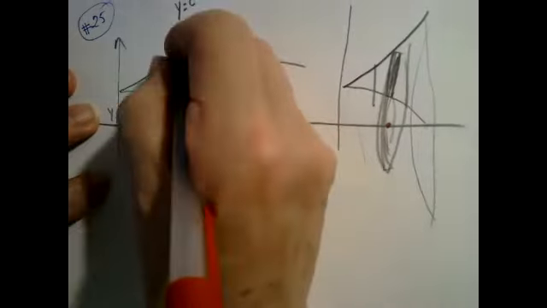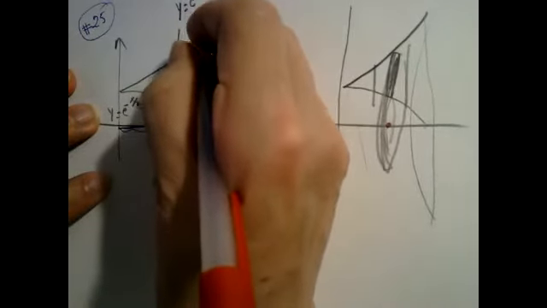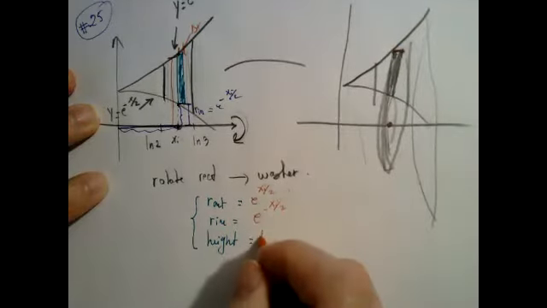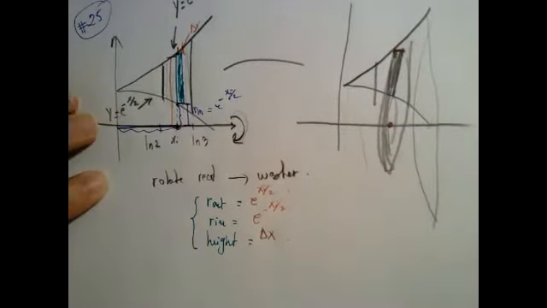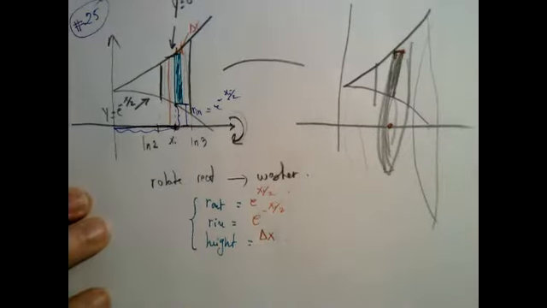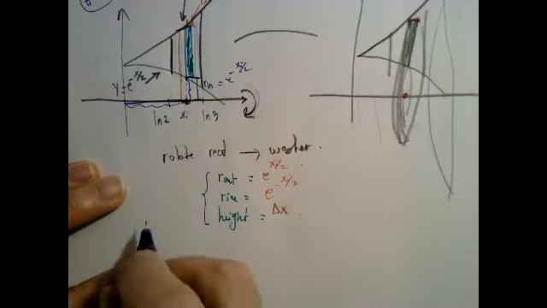My height is this little delta x. That's my height from here to here. Once you fill up all those details, the problem is actually fairly easy.